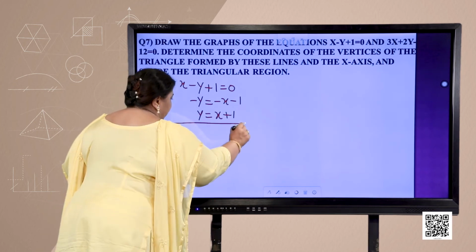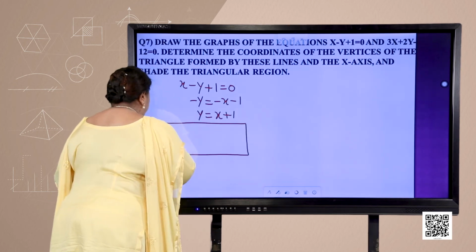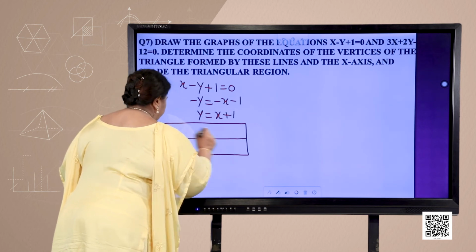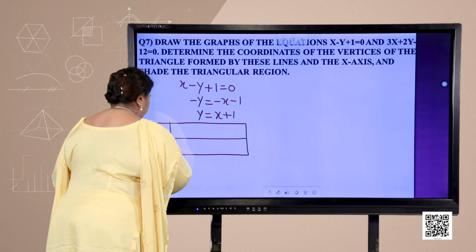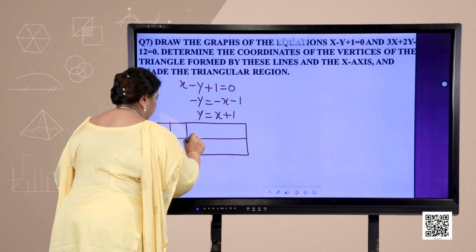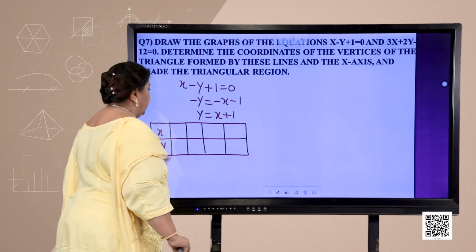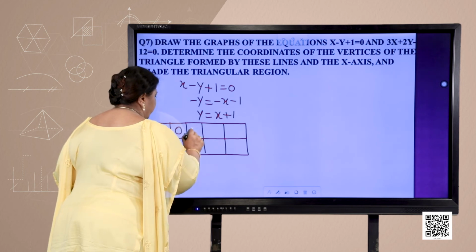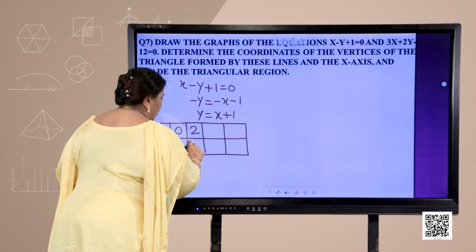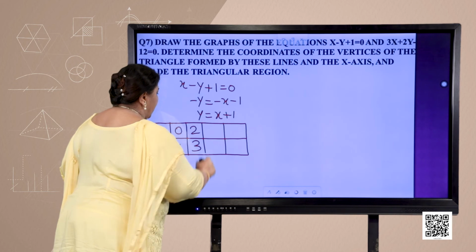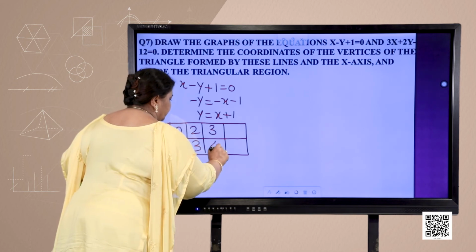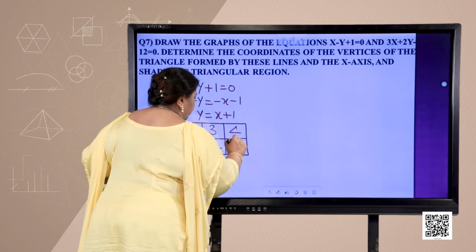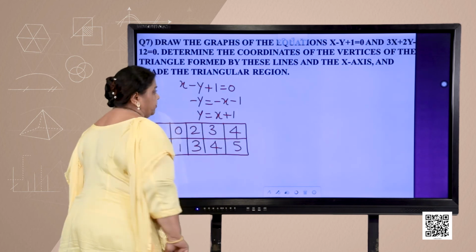Let us have a tabular column. Now, if I take x is equal to 0, y is equal to 1. If I take x is equal to 2, I get y as 3, and if I take 3, it is 4, and if it is 4, it becomes 4 plus 1, 5.